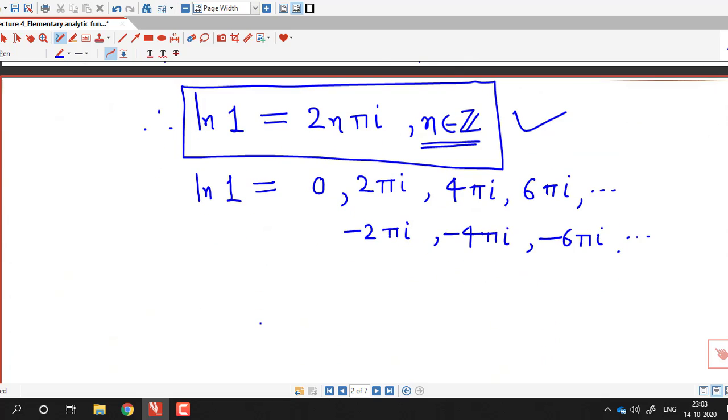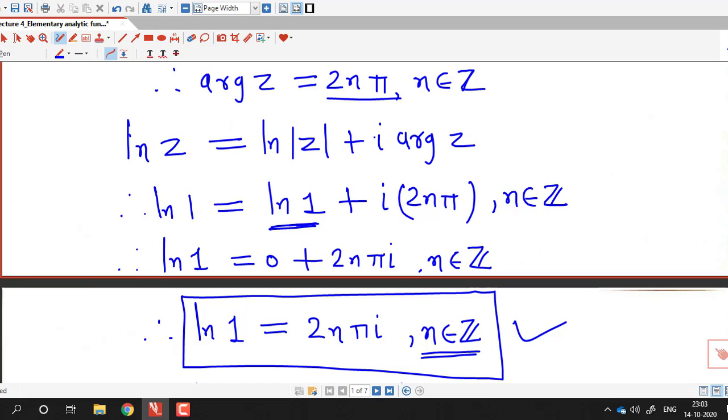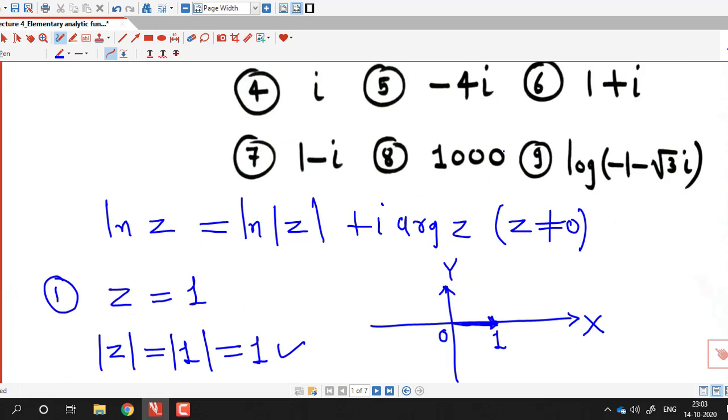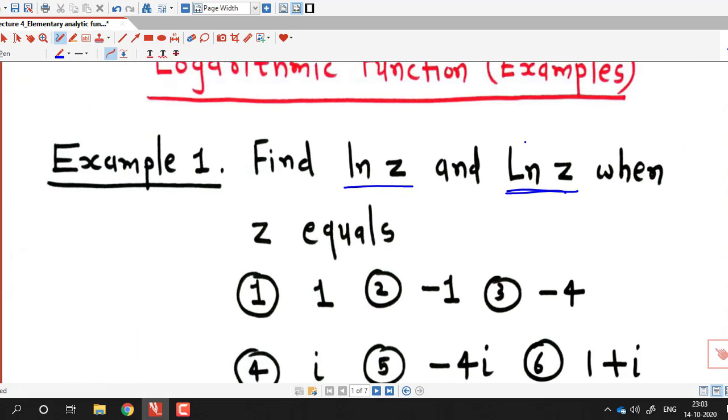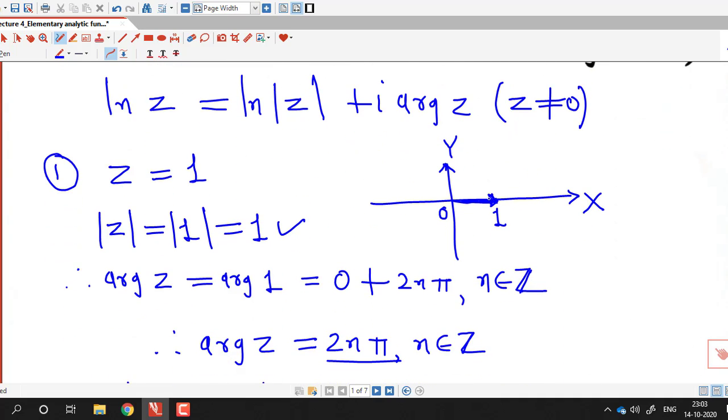Now among these values we have to find the value of the logarithm corresponding to the principal logarithm, because we are asked to find the principal value of log z also. The principal argument of 1 is 0.